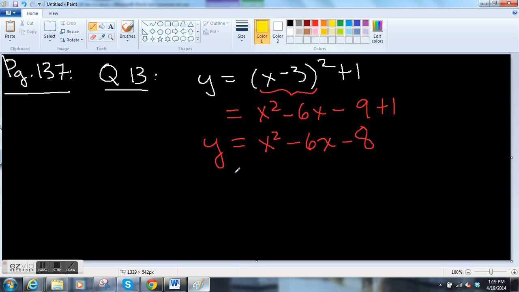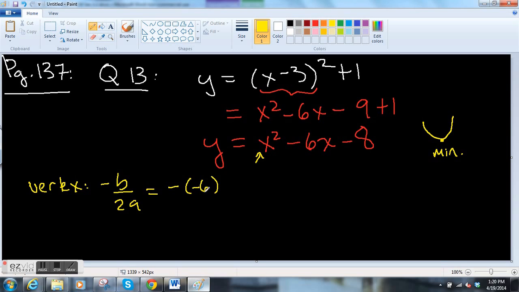So what we can tell from this function now is that the vertex, so notice again there's a 1 there, so it opens upward. So this point right there is a minimum. And the vertex is at the point negative b over 2a, which is equal to negative negative 6 over 2 times 1.